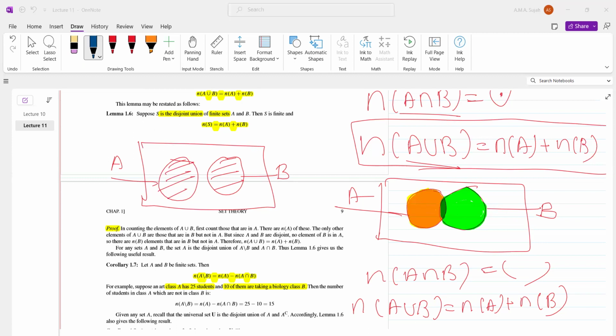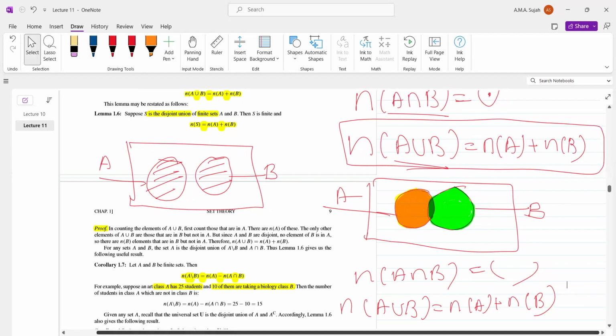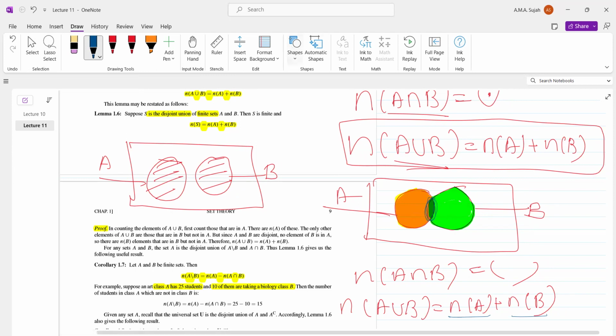If I add the number of A plus the number of B, you will notice this area is added 2 times. Do you agree with me? One time with green color, one time with orange color. So there is a duplicate of the intersection.